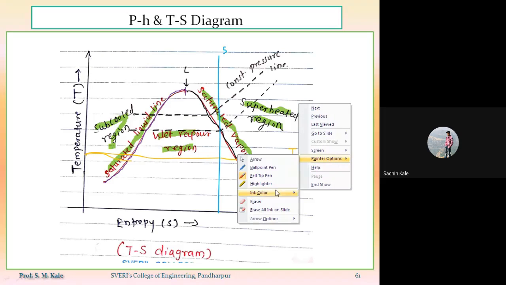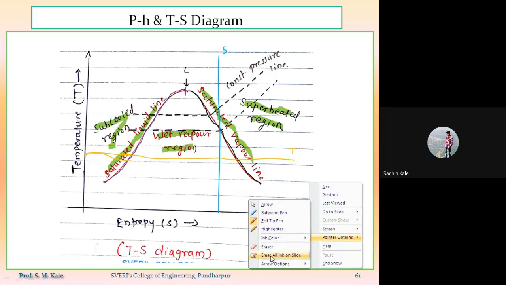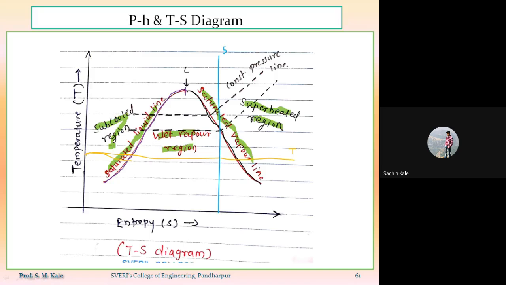Which color should I take? Oh, the red one. Here you will observe that this is the nature of the constant pressure line.